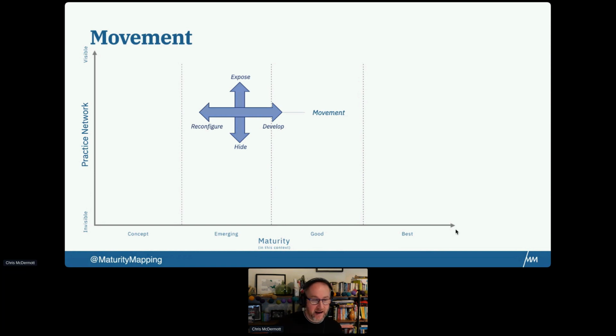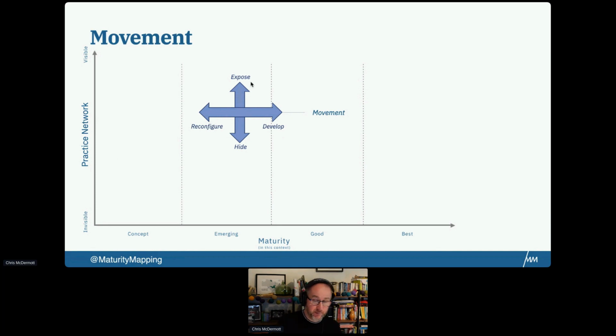The patterns we've recognised suggest that we call movement to the right maturing, we call that developing. Movement to the left, we call that reconfiguring. That is to say that with the three elements of a practice, we might be removing aspects of it and introducing new aspects of it, but on the whole, we're looking to do the same practice. So we might change the tool, for example, to try and get more value from that practice.